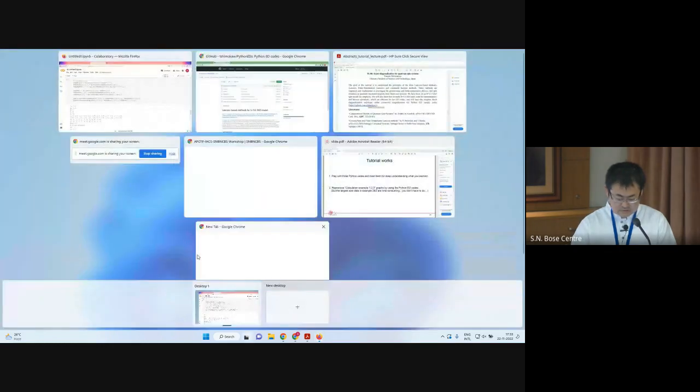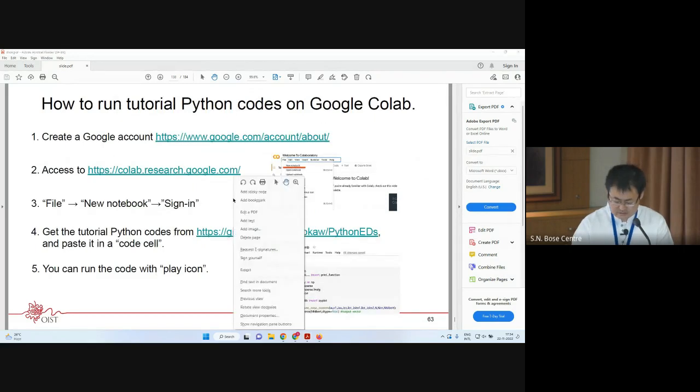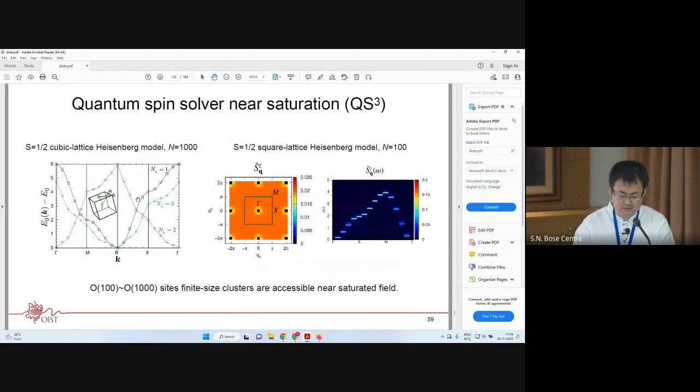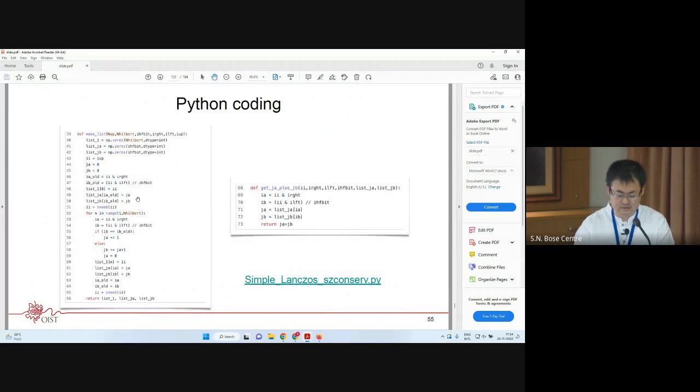So what I would like you to do is to reproduce the calculation example 1, 2, 3 graphs that were already shown in my slide. And this slide is also available from the GitHub web page. You can access it from the workshop website.